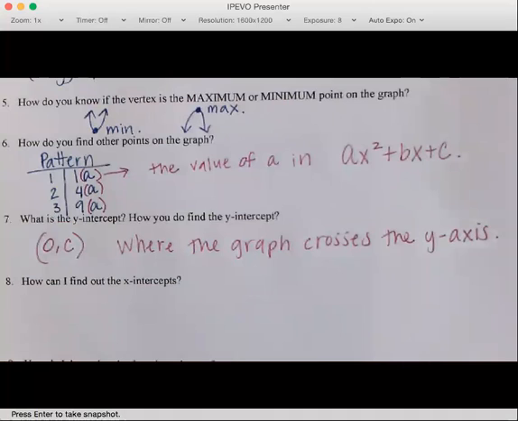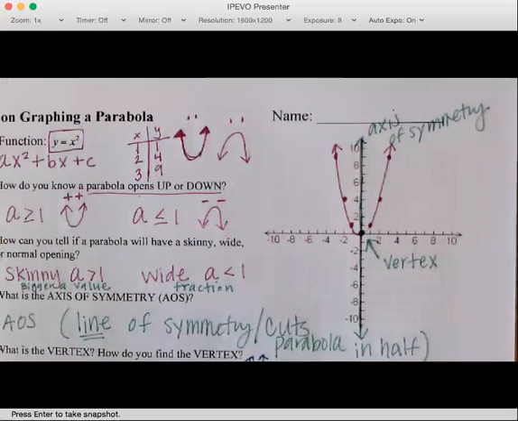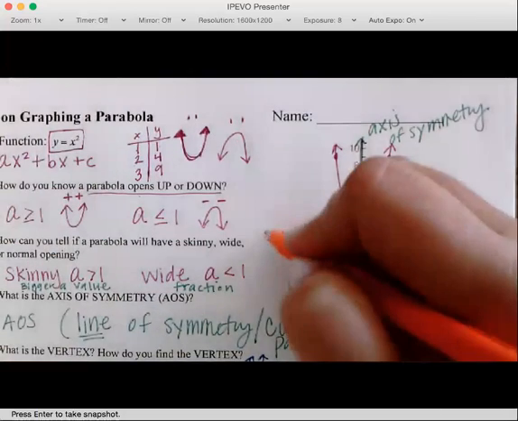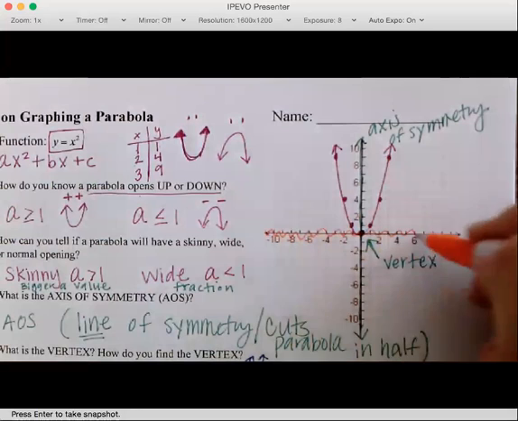And then the last one we're going to look at today is how can I find out the x-intercepts? Okay, well, let's go back to the graph. Remember that your x-intercepts are where it crosses this x-axis.